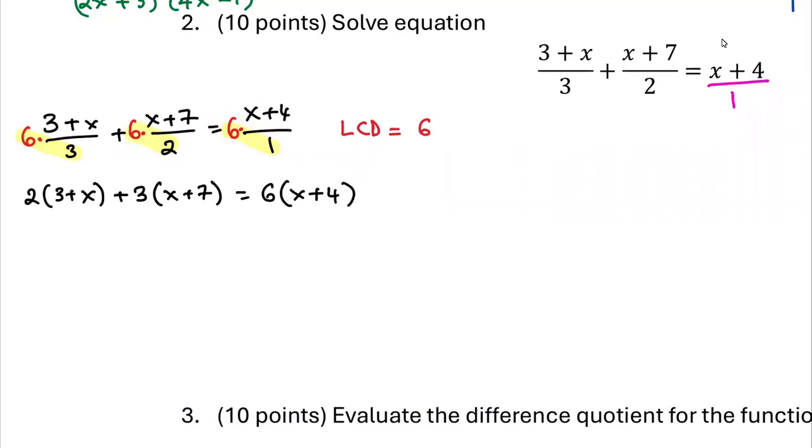So I am going to distribute 2 times 3, 2 times x. And then 3 times x, 3 times 7. And then 6 times x, 6 times 4.